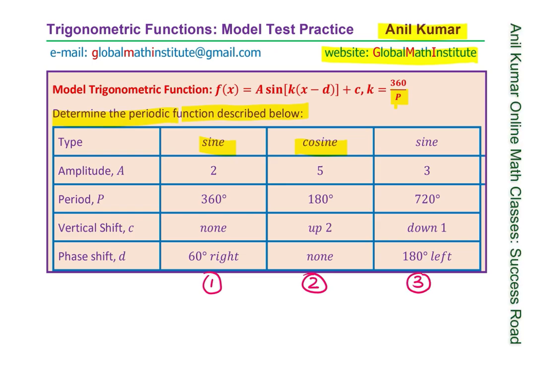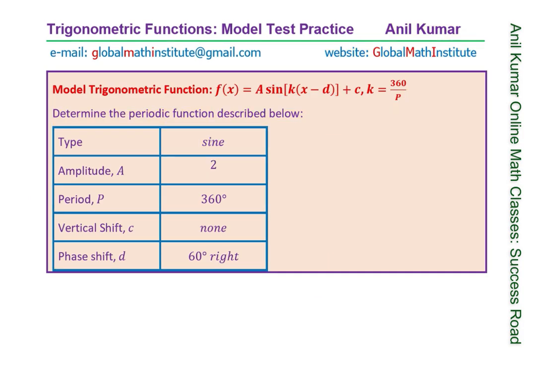For each, we are given amplitude, period, vertical shift, and phase shift. Once we know these things, we can always write an equation in the form f of x equals A sine k x minus d plus c. Well, sine or cosine as required in the equation. Perfect. So let us see how do we do it.